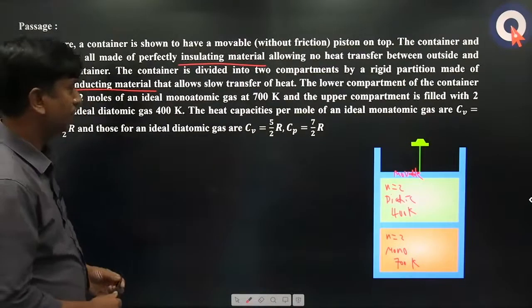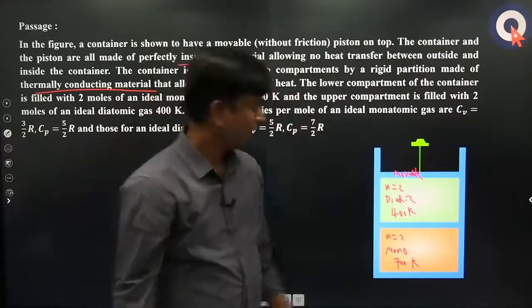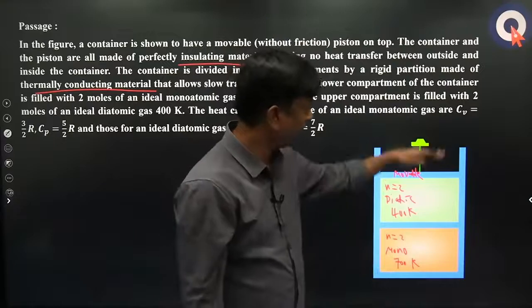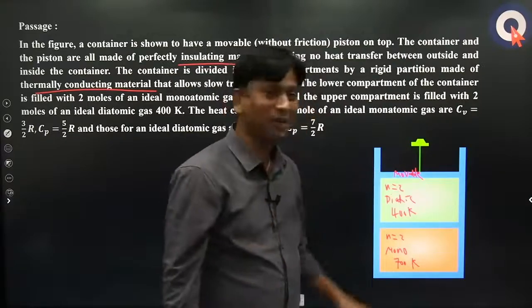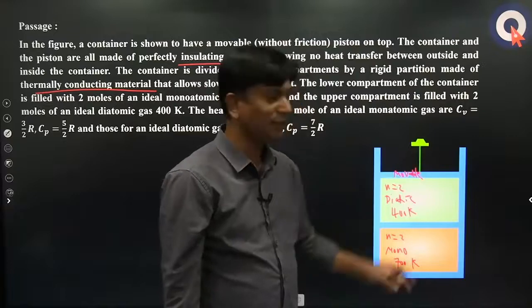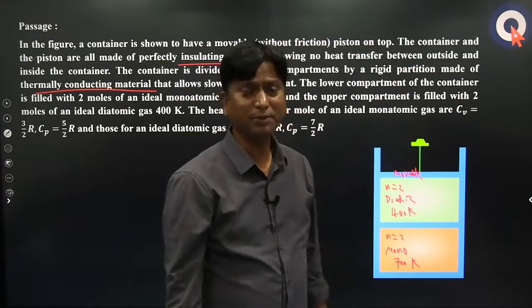We know that. What happens? If you just release like this, and this is rigid, here two cases are possible. This is anyway movable. When this is movable, always this pressure will be constant, because this pressure is exactly equal to the atmospheric pressure plus mg by area.